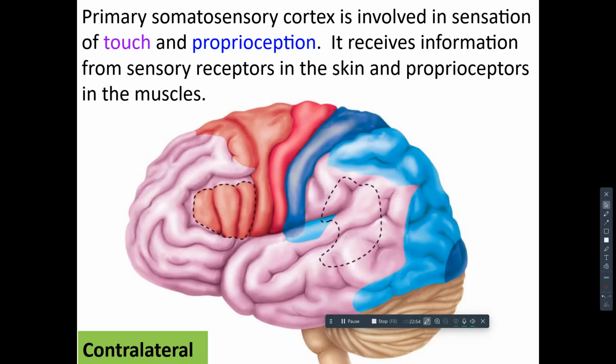Now, just like we had that switching of sides for movement control, we've got a similar thing going on here. Again, it is contralateral. I am aware of the left side of my body in my right cerebral hemisphere. So my right postcentral gyrus is getting information from the left side of my body, and my left postcentral gyrus is getting information from the right side.